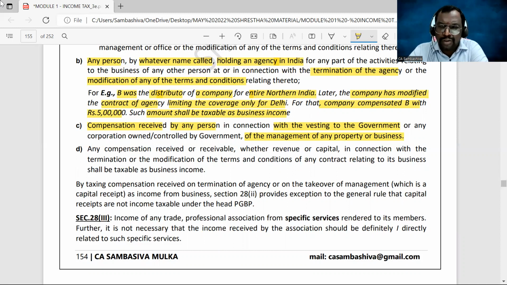Now, in order to control the prices of the petrol, let us assume, the government came to me and asked, okay, we would like to take over all your 10 petrol bunks. Tell me how much you want. So we are taking over all your 10 petrol bunks businesses. So take this compensation amount, right?